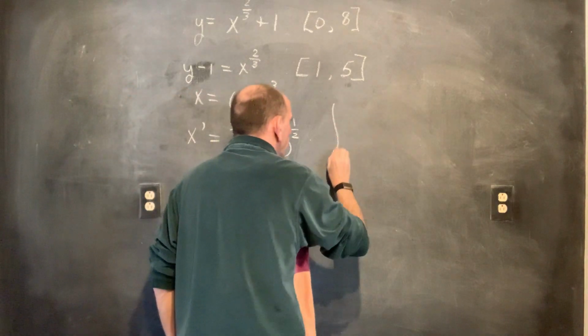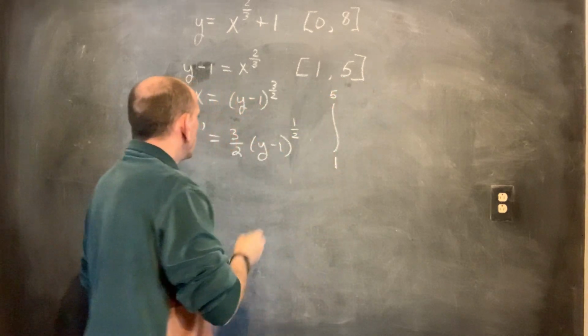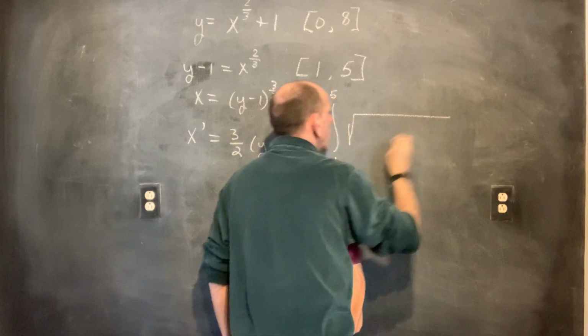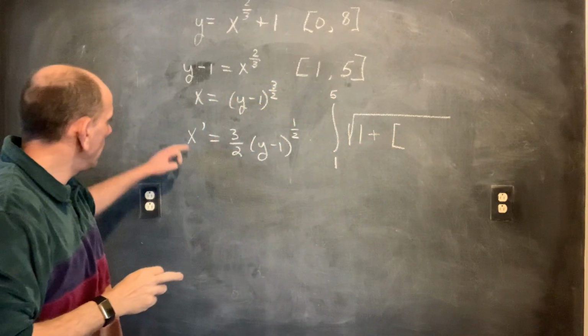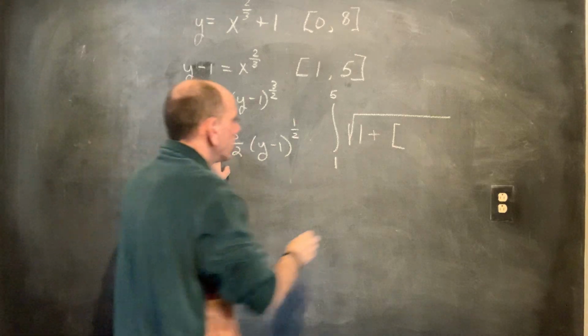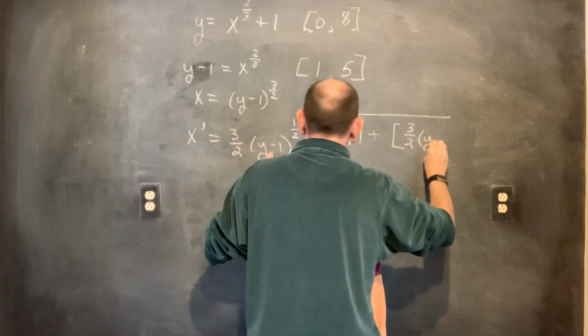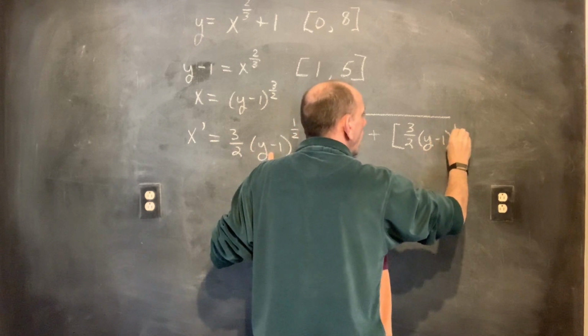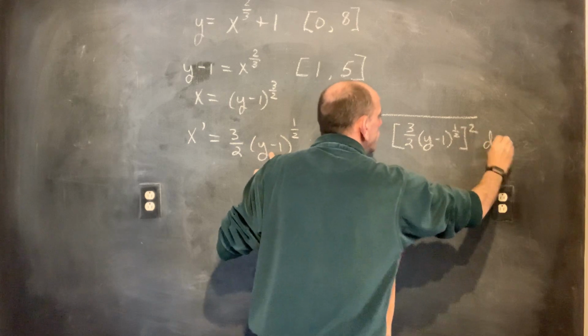We have the integral with y bounds 1 to 5 of the square root of 1 plus dx/dy, our derivative of x with respect to y, so 3/2 times y minus 1 to the 1/2 power, squared.